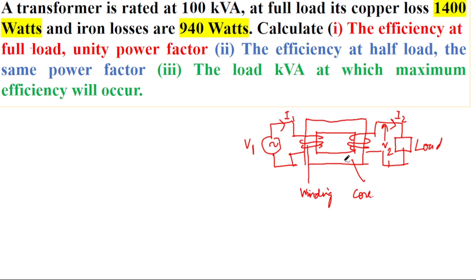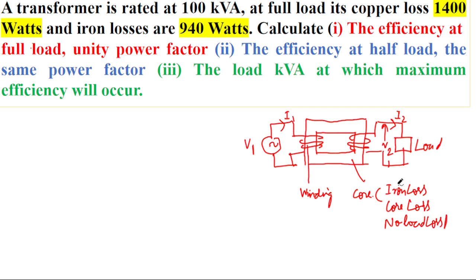The losses that happen in the core are called core losses, or, because the core is made of iron, iron losses. Sometimes they are also called no load losses.